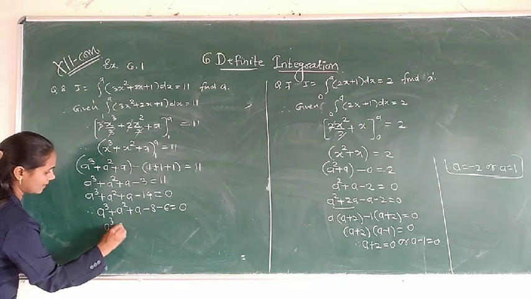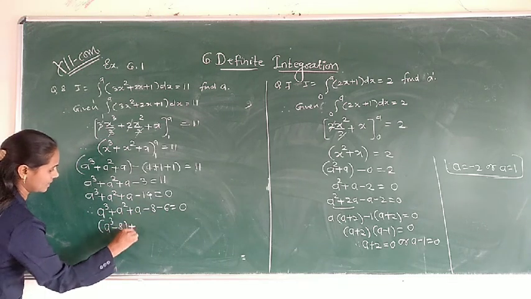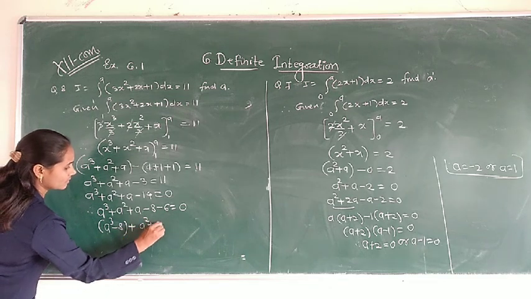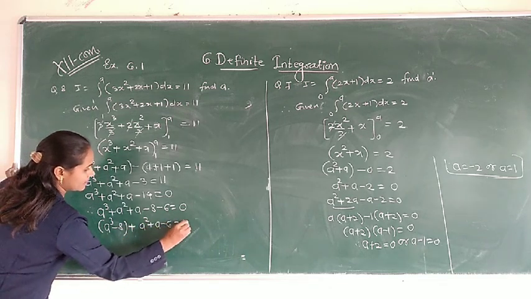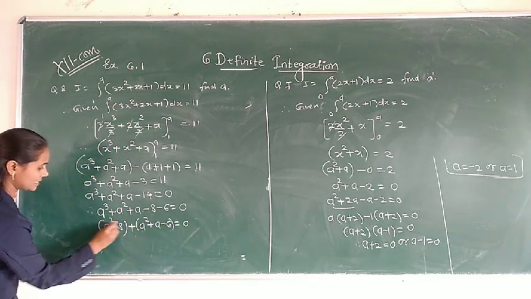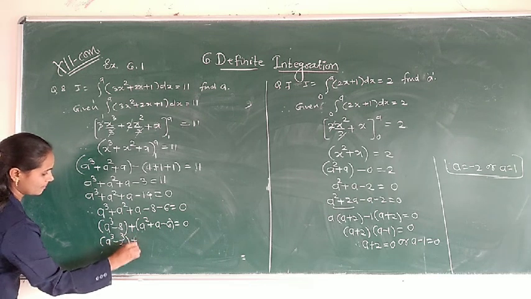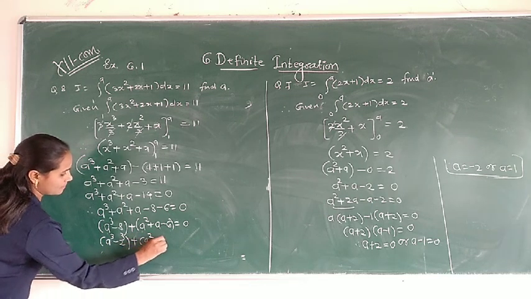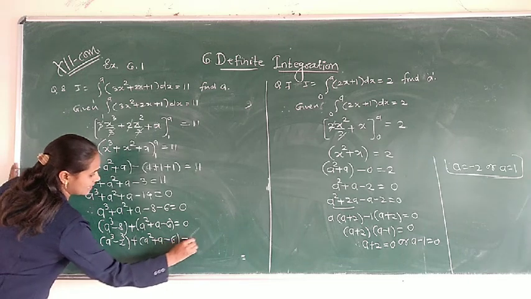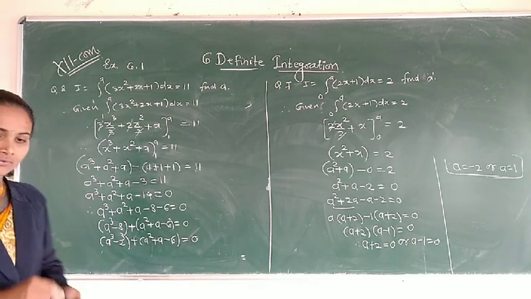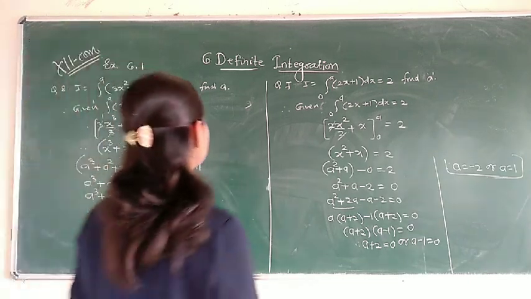Therefore, we take a cube minus 8 plus a square plus a minus 6 is equal to 0. Now, this can be written as a cube minus 8, meaning 2 cube, plus a square plus a minus 6 is equal to 0. Now, here we use the expansion of a cube minus b cube.